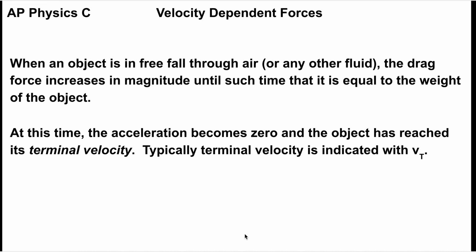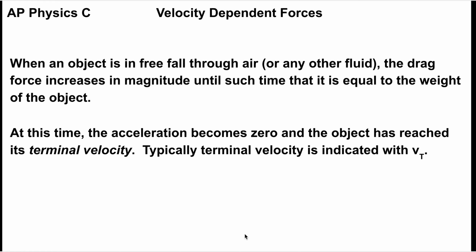Now, when an object is in free fall through the air or any other fluid for that matter, the drag force on the object increases in magnitude as the velocity increases until such time that the drag force is equal to the weight of the object.